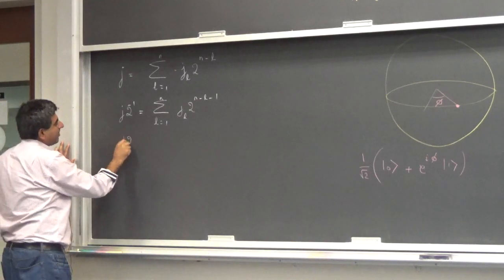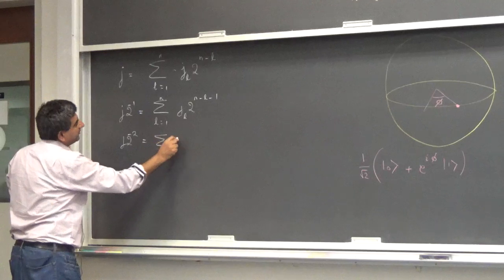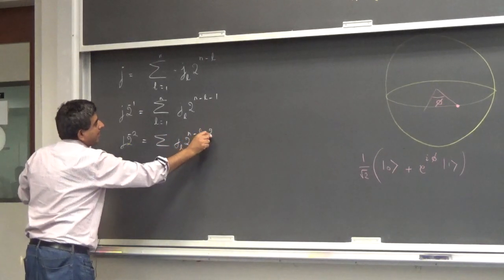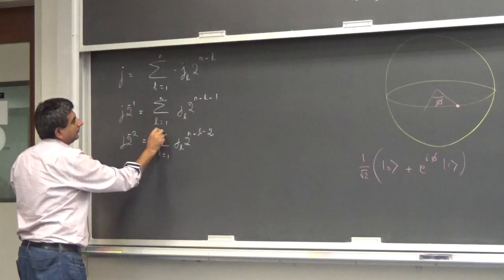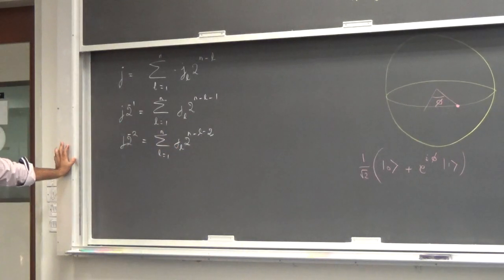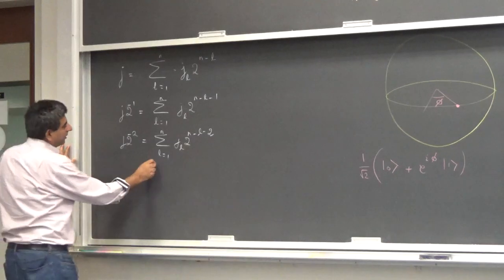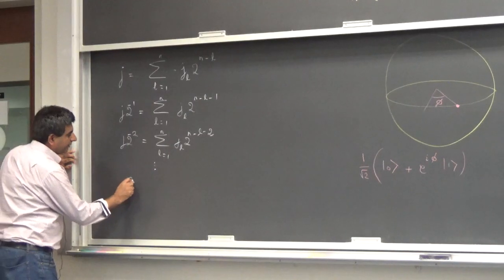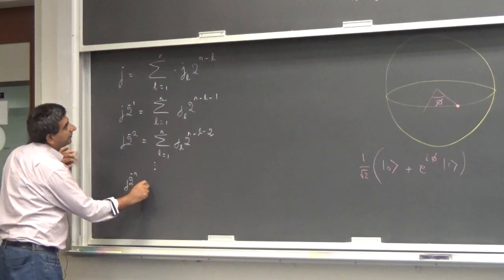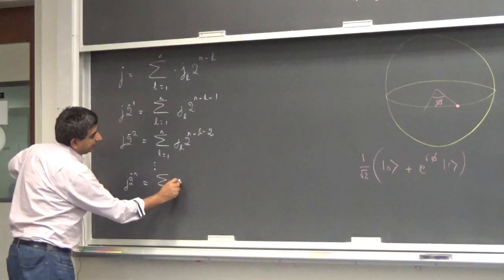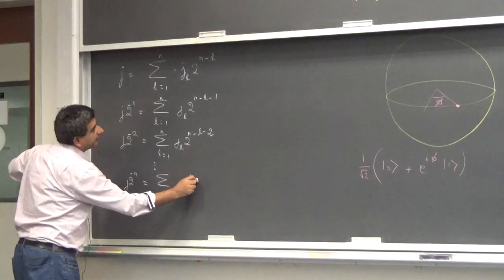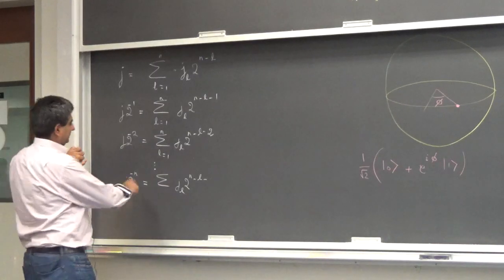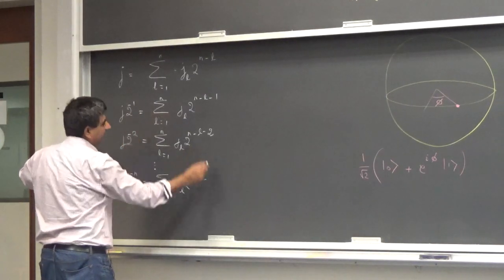The next term is going to further subdivide this by another factor of 2. And so on, right? So the last term is J 2 raised to power minus n, is J_L 2 raised to power minus L minus n.